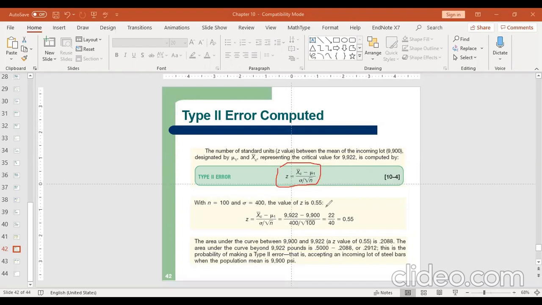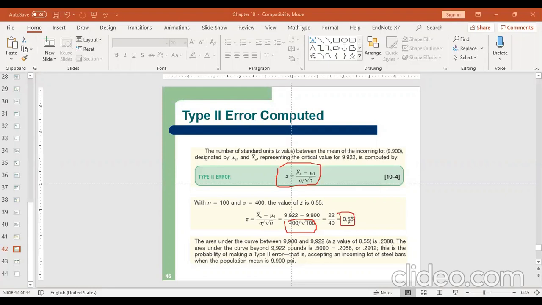So how do we get the value of Z? We put the sample mean, which is 9,922, minus the population mean, which is 9,900, divided by 400 divided by the square root of n. This is the standard error, and we calculate this value and get the estimated Z value, which is 0.55.